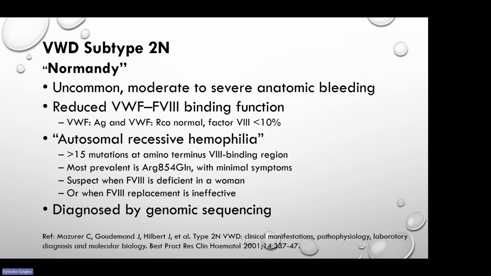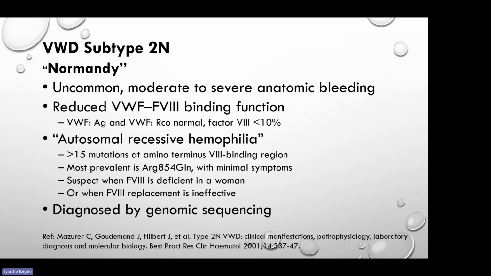whether she is a carrier of hemophilia or is suffering from type 2N von Willebrand disease, or when factor replacement is ineffective. Because if someone lacks factor 8 and factor 8 is being given, it is expected that there will be improvement in the clinical presentation of such patients, but sometimes it may be a result of inhibitors.